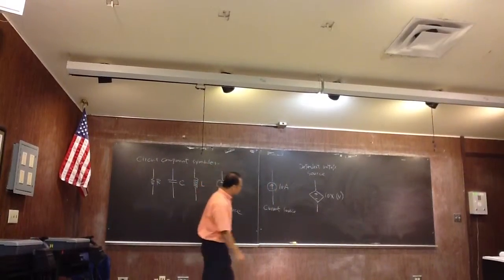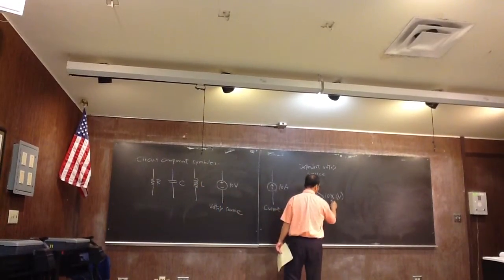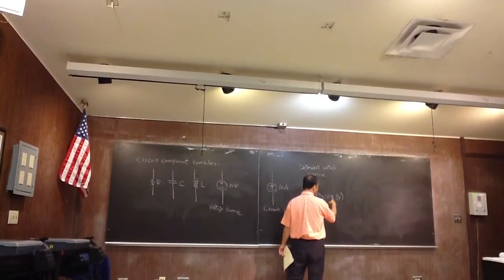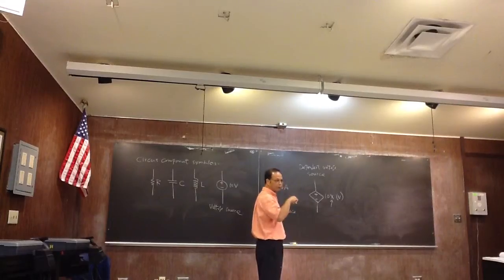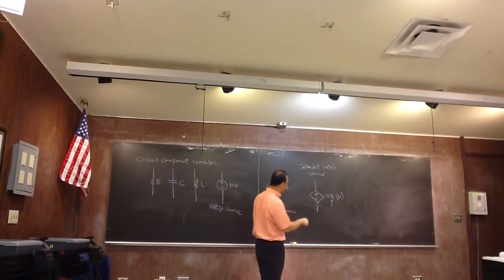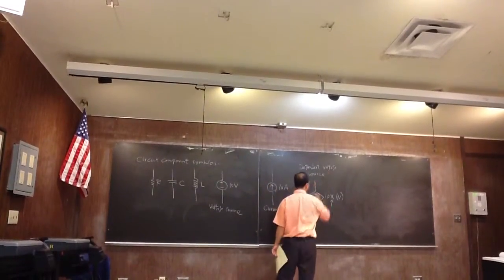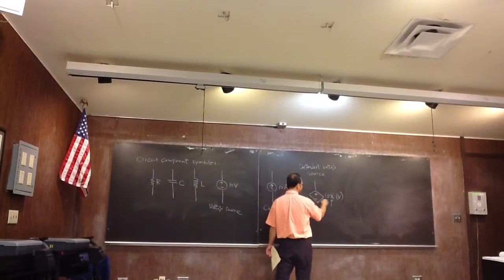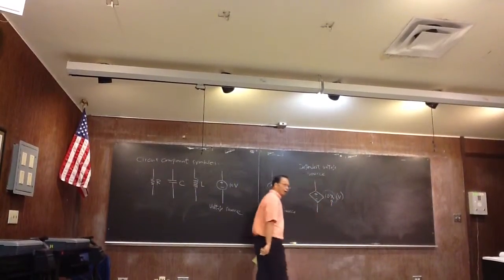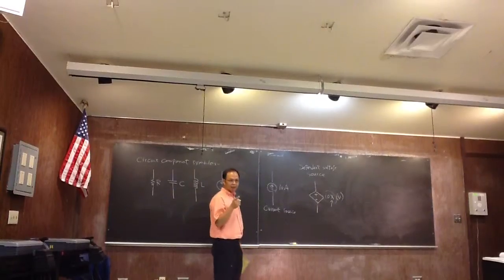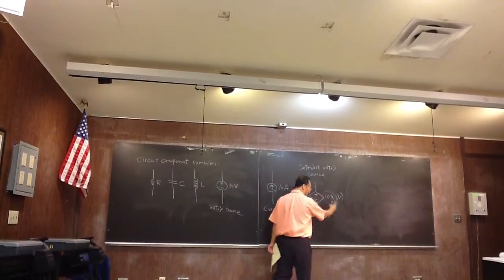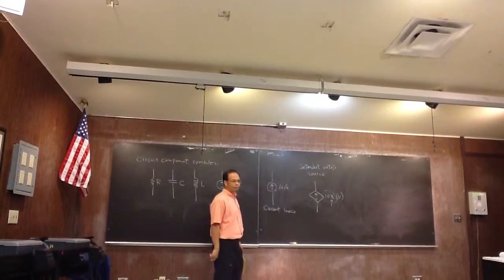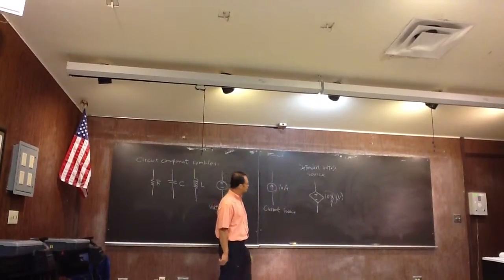Now this X is a parameter from the circuit somewhere else. So therefore, it's called a dependent voltage source because the total value of that voltage depends on the value of X.